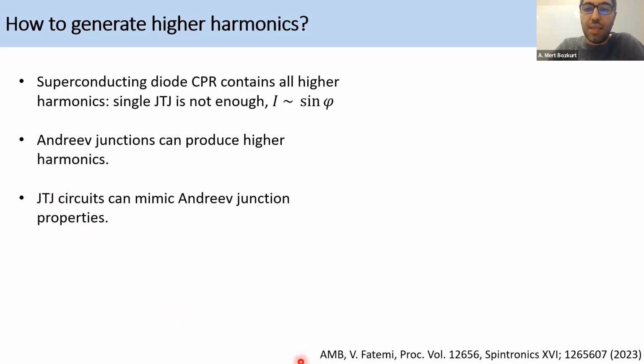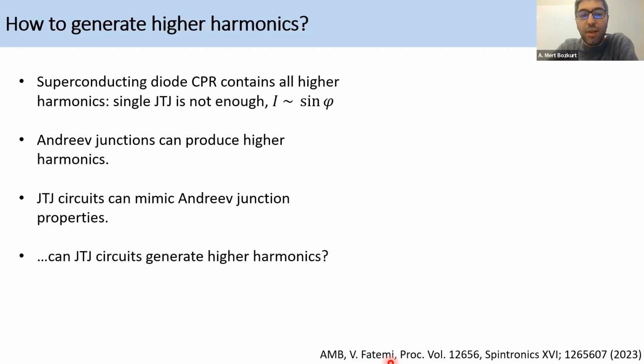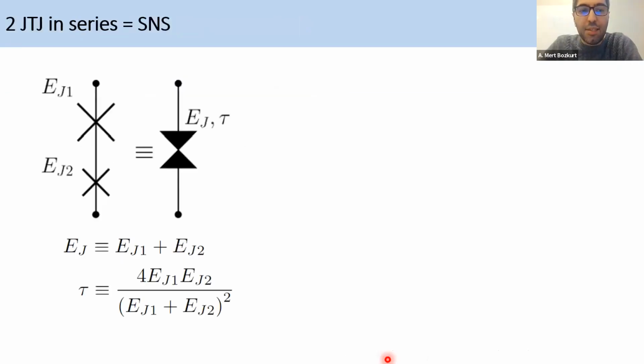We studied this correspondence in this paper; you can check it out. But that brings us to the question of whether Josephson tunnel junction circuits can also generate higher harmonics. Our answer is that, surprisingly, yes.